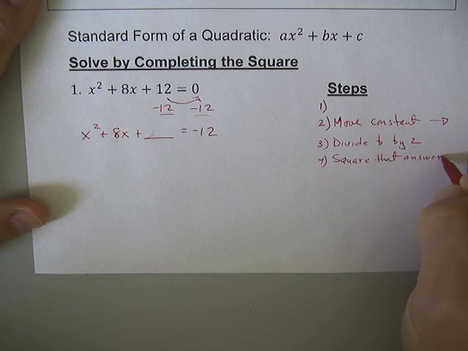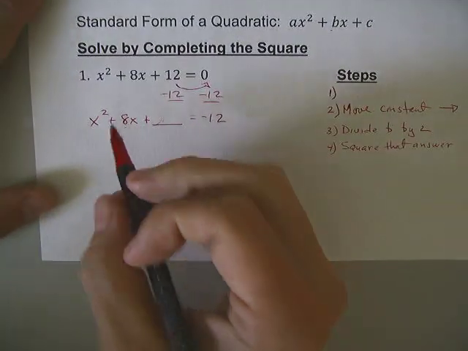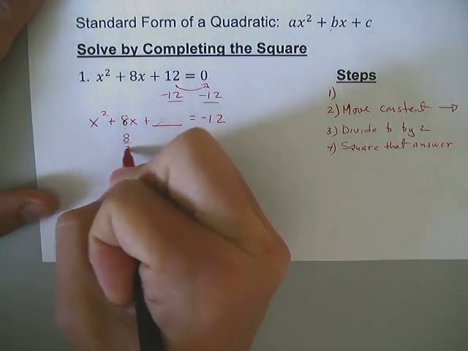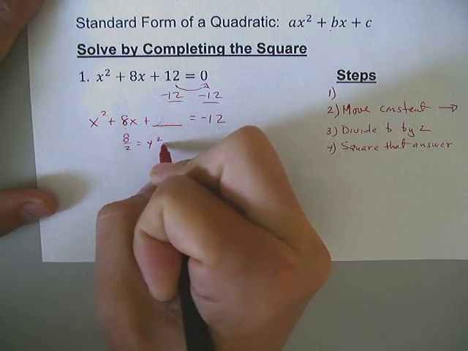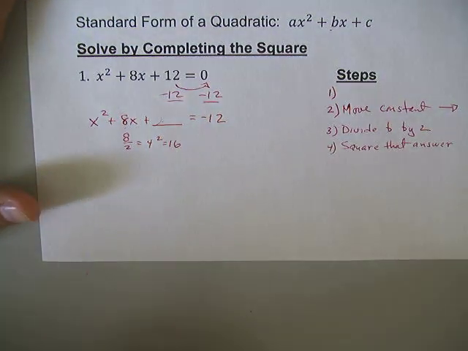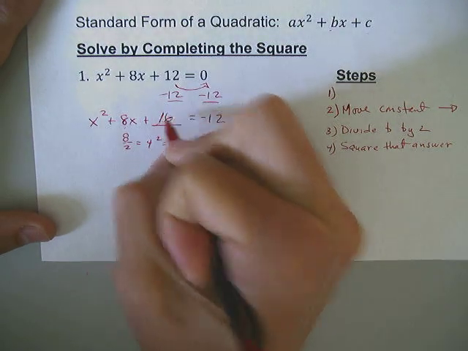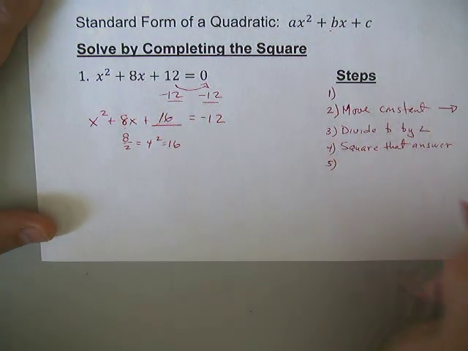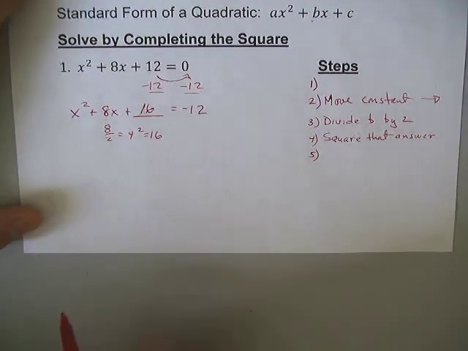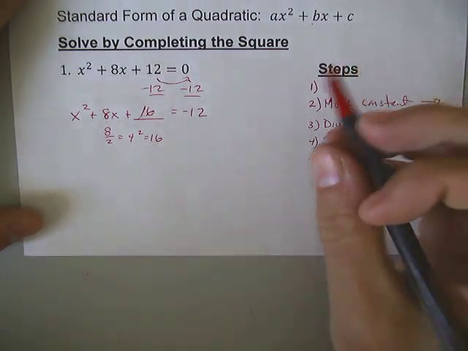And then the fourth one is square the answer. Square that answer. So exactly what we did up here. So we're going to take 8 divided by 2 and square it. Okay? So when you do that, we're going to put that right there.